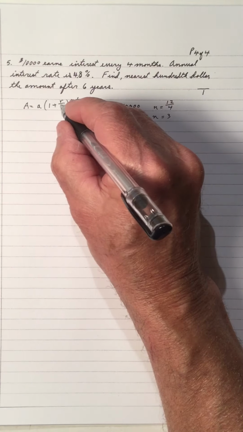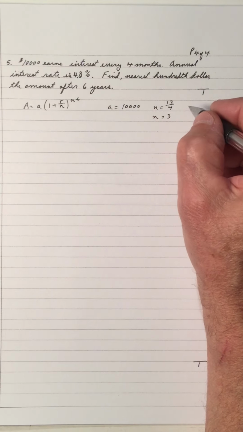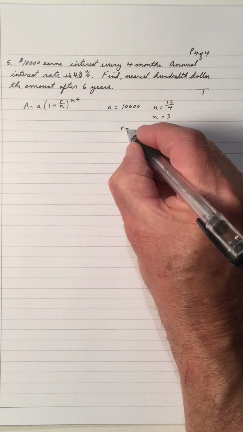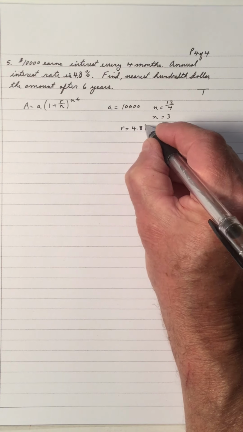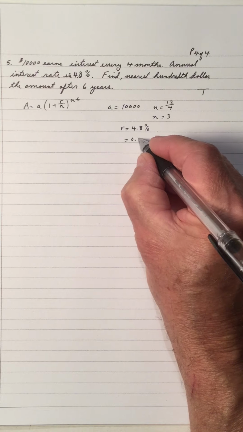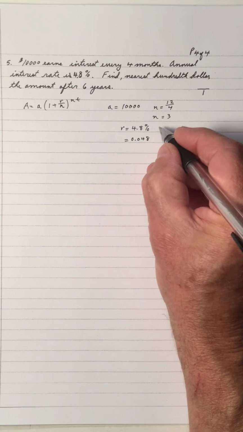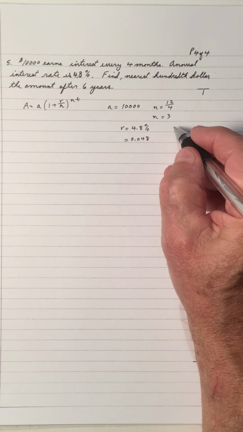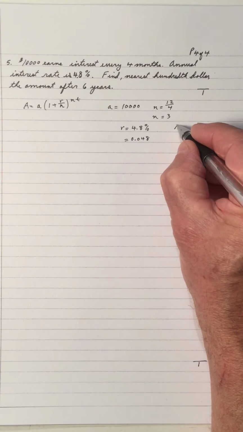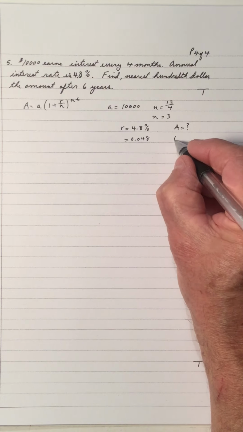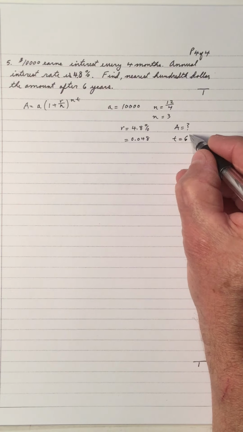So that means the N is 3. And the interest rate, R, is 4.8%. And change that to decimal, 0.048. And we want it to the nearest hundredth, so we want to find what large A is, and the time is 6 years.